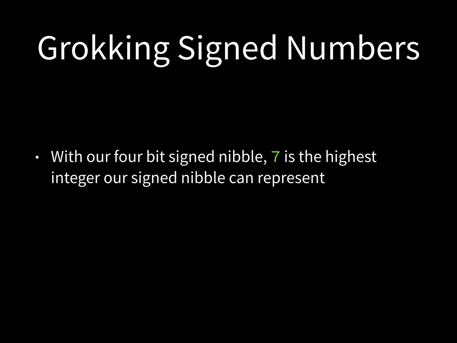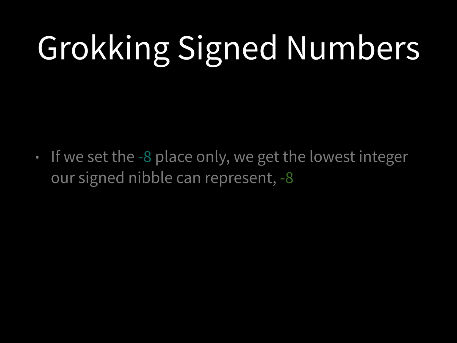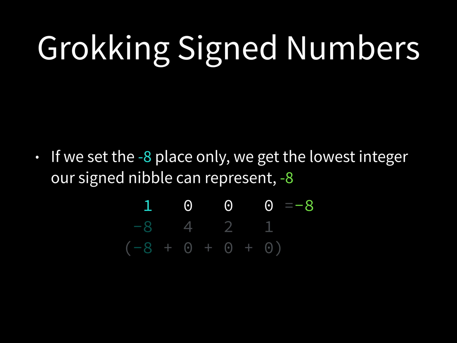With our 4-bit signed nibble, 7 is the highest positive number that we can represent. If we set all three of the positive bits in the 4-bit nibble, we're adding 4 plus 2 plus 1, which represents 7. If we set the -8 place only, we get the lowest negative integer our nibble can represent, which is -8 plus 0 4s plus 0 2s plus 0 1s, or -8.